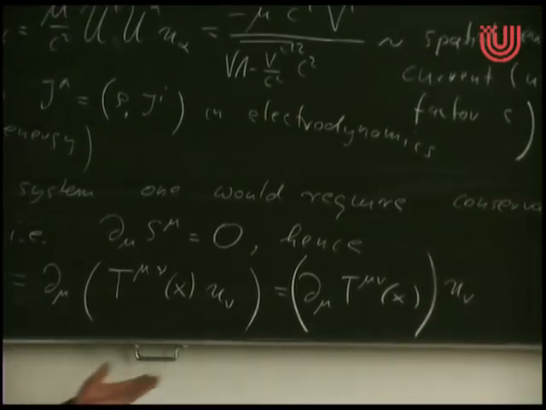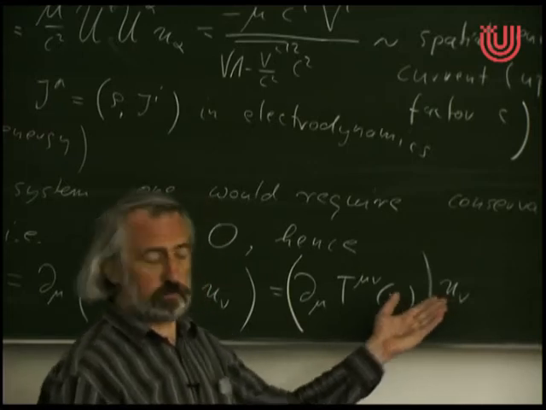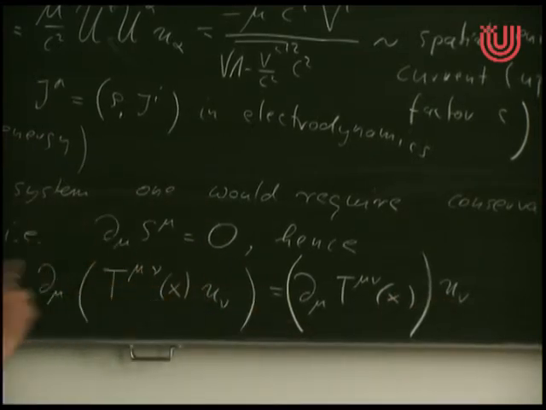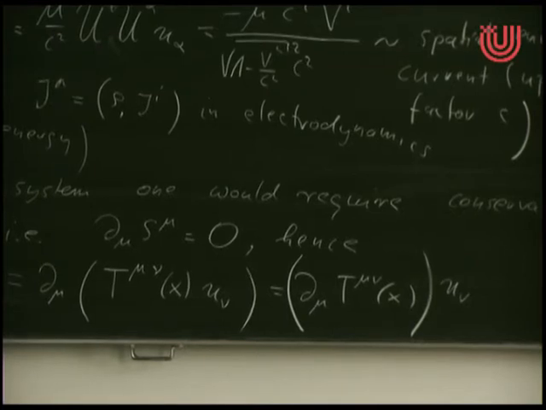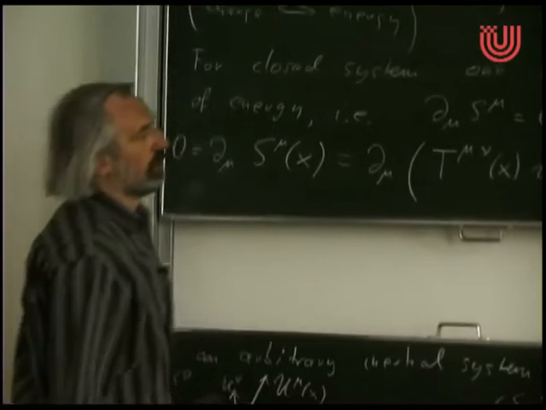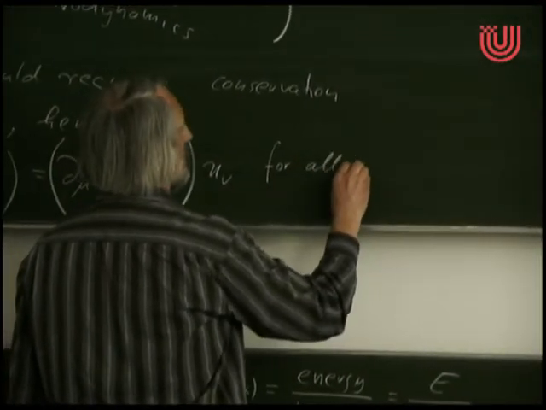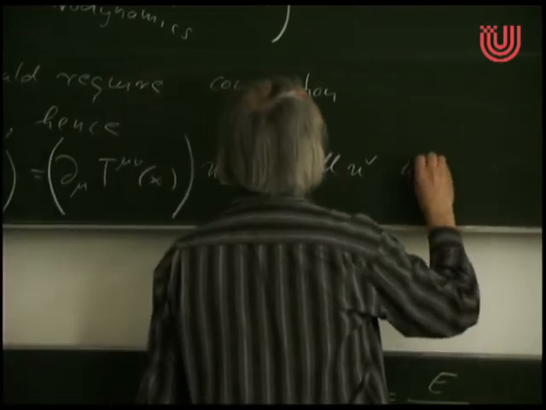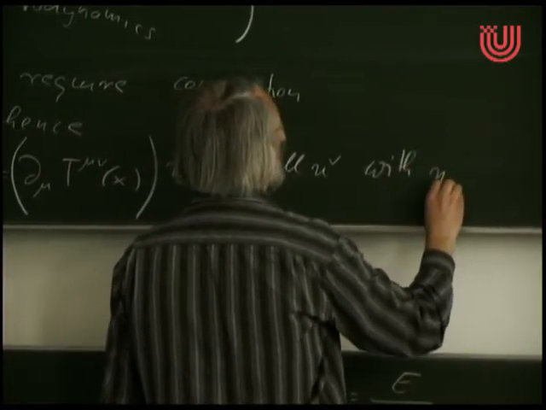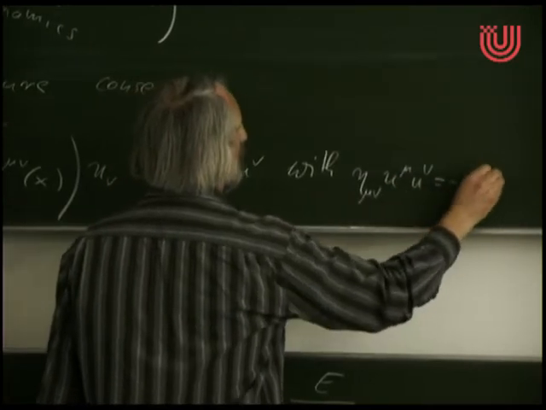And this is supposed to hold for all allowed 4 velocities. So for all possible velocities of my observers, this means for all little u's which are inside the cone. So this has to hold for all u nu with eta mu nu u mu u nu equal to minus c squared.